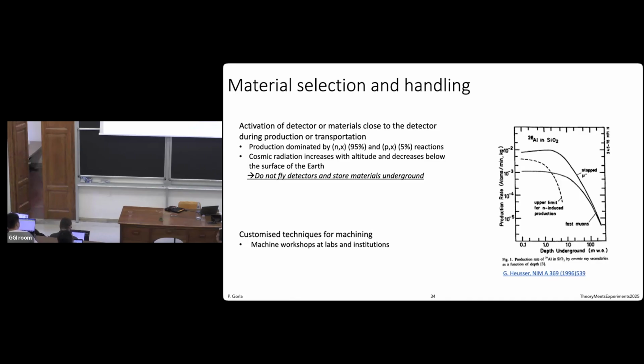And again, you have to find a proper way to treat materials. This, of course, depends. There is a simulation step at this level, so you have to compute with simulation how much activation your copper, for example, gets. I say copper because in cryogenic detectors, copper is widely used because it's a very good thermal conductor.